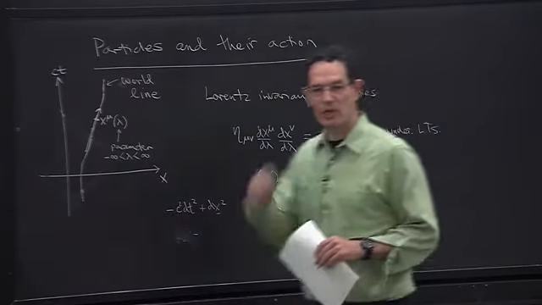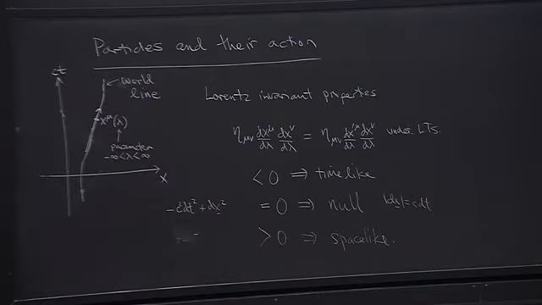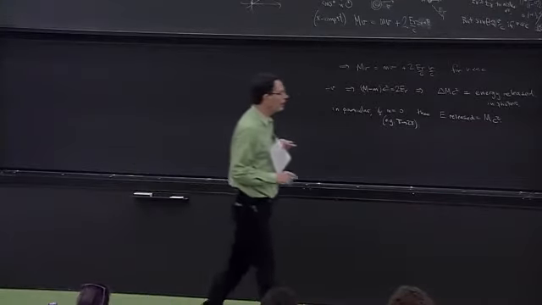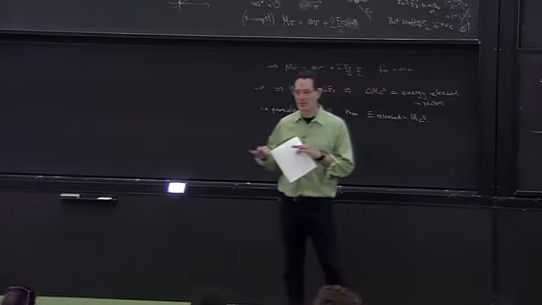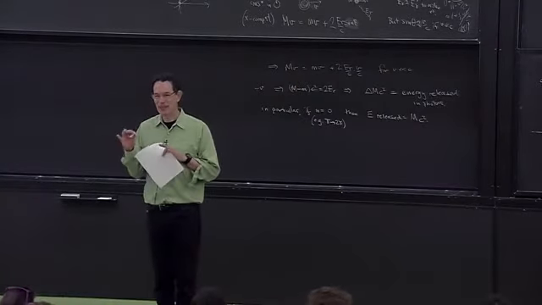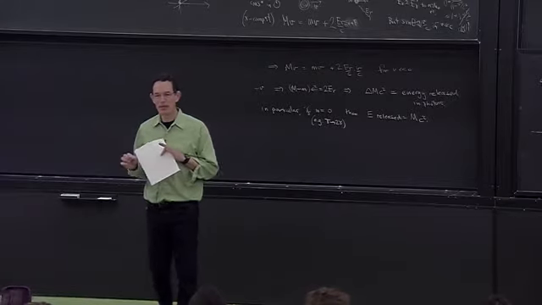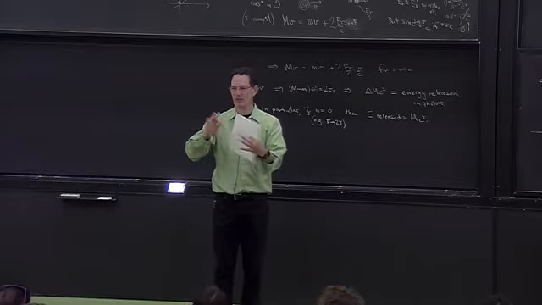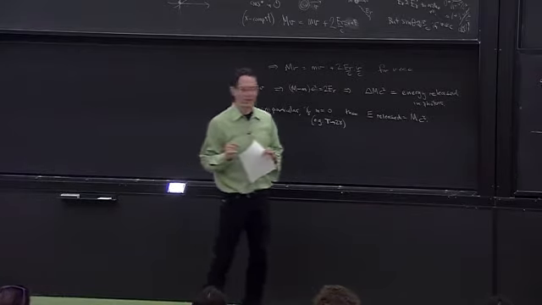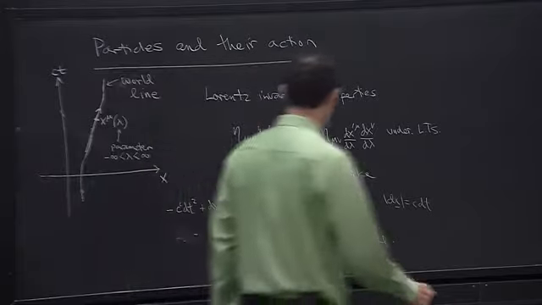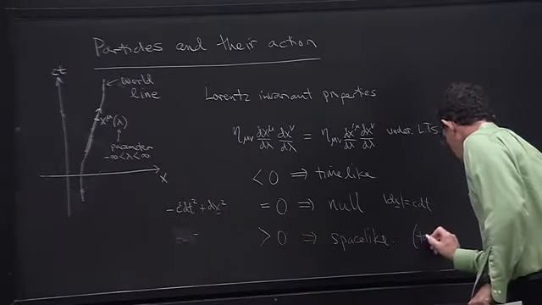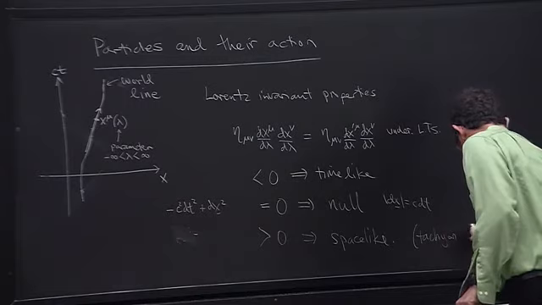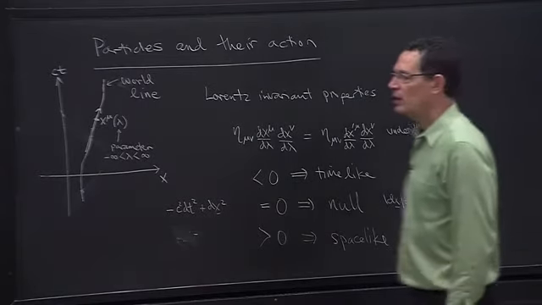This would be a wonderful particle to have, because it would always move faster than the speed of light, but so far no one has ever seen a particle like that. Except in string theory, where there's the tachyon, a particle that goes faster than the speed of light, but it doesn't exist. In string theory, one has to struggle quite a lot to get rid of the tachyons in the theory.